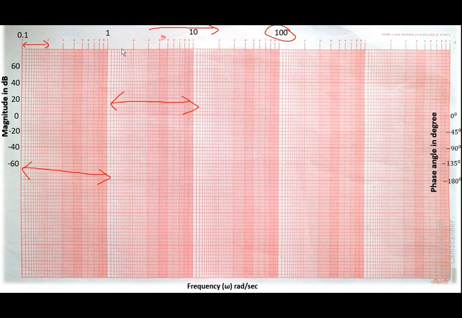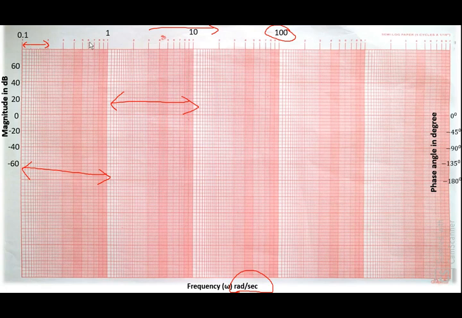While plotting the Bode graph, you need to mark the values of frequencies on the x-axis, starting from 0.1 radian per second. Always the frequency must be represented in radian per second, and it varies from 0.1 to any value, even for thousands you can mark it.